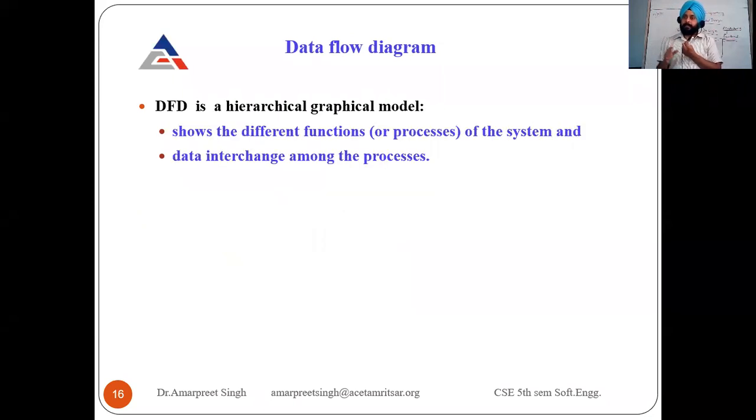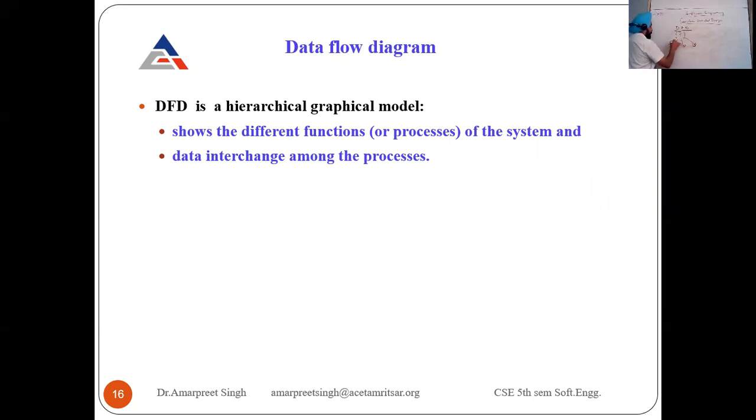It is a hierarchical graphical model. It shows the different functions. Functions means all the main things, all the processes of the project. Suppose I will just show you. If there is any project P, it is divided into function 1, function 2, function 3.